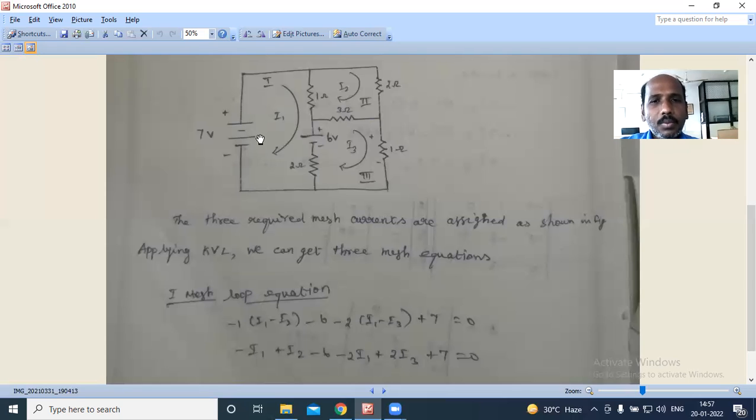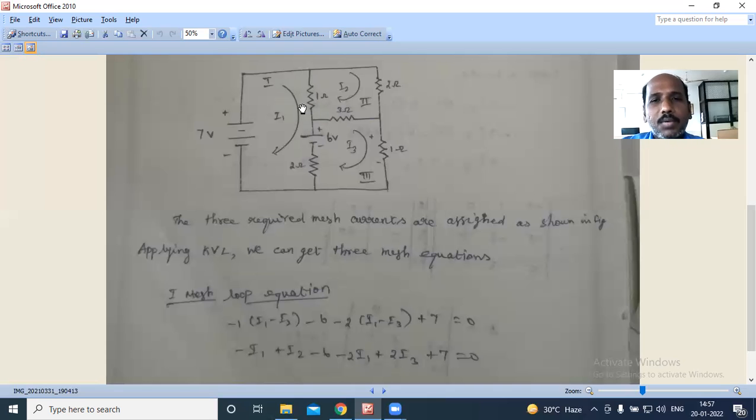Now let us see how to form the equation. For example, in mesh 1, I start from the 1 ohm resistor. What currents flow through the 1 ohm resistor?